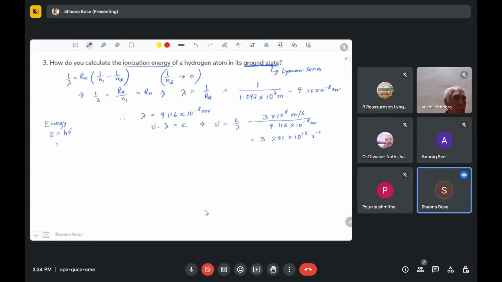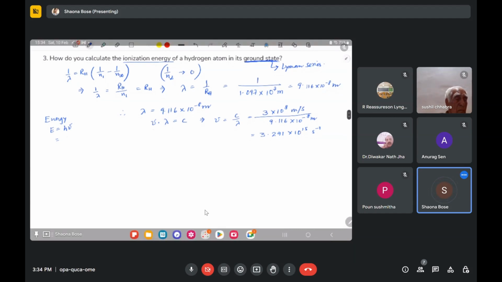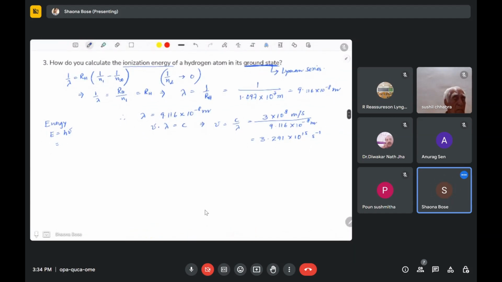Plug in the value of h, which is Planck's constant, 6.626 into 10 raised to the power minus 34, and whatever value of frequency that we have got, 3.291 multiplied by 10 raised to the power 15.